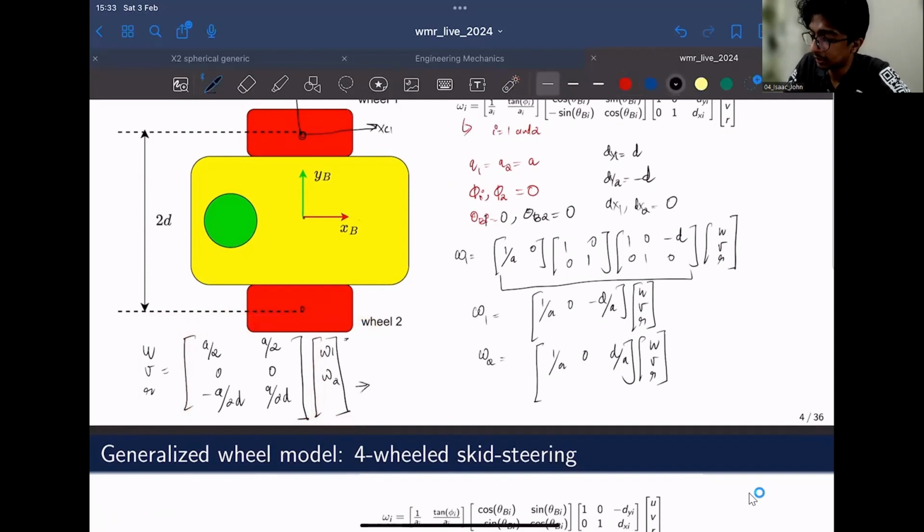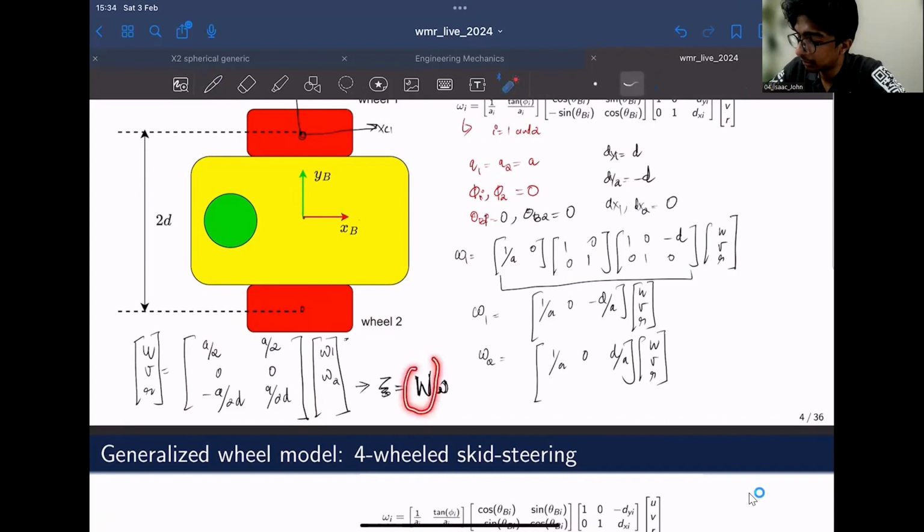So this can be written in a compact form as zeta equals W times this vector omega. The vector zeta is the matrix W multiplied by the vector omega, where zeta is UVR, the instantaneous velocity coordinates of the body frame, and omega 1, omega 2 are the angular velocities of the wheels. And this matrix W is nothing but the wheel configuration matrix for a differential drive robot.